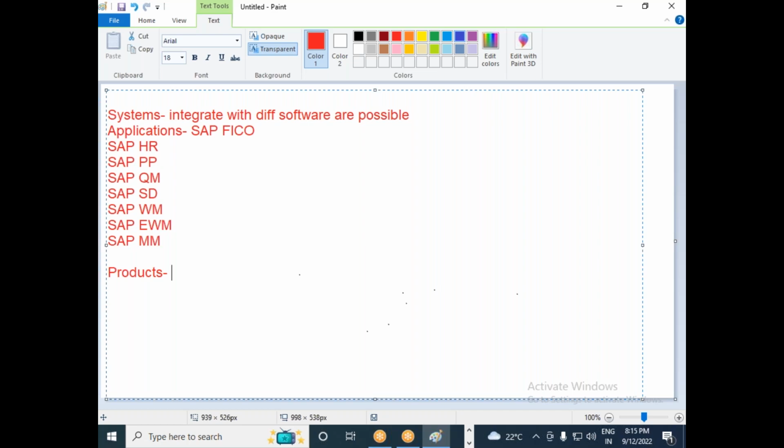Like I have SAP MM. So when I say products, SAP supports the solutions for different industry needs or different organizational sectors.